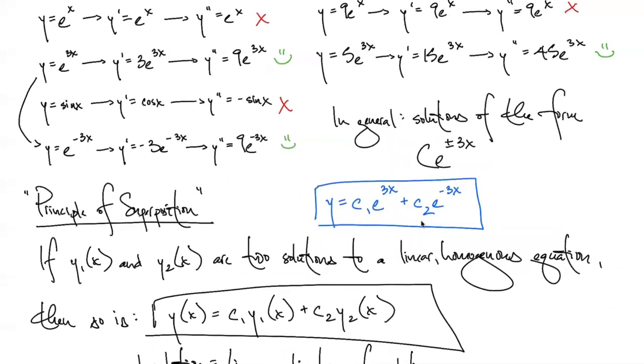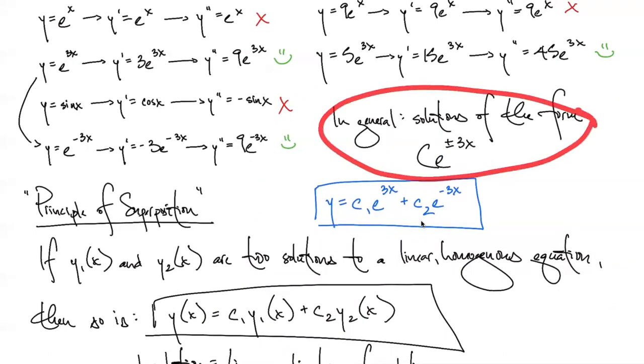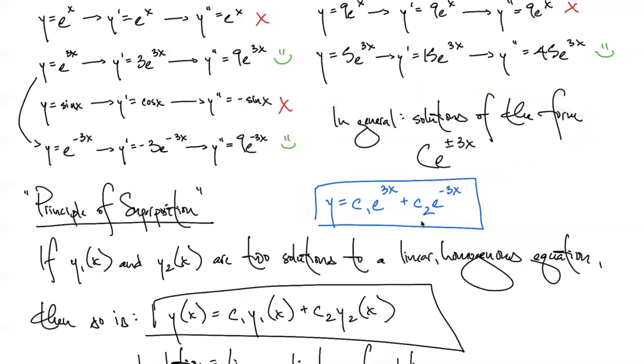We know it's going to be e to the plus or minus 3x, but we can say e to the 3x is our first solution and e to the negative 3x is our second solution, and then we write the general one as a linear combination of those.